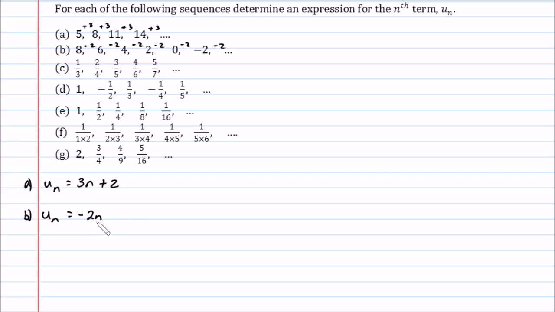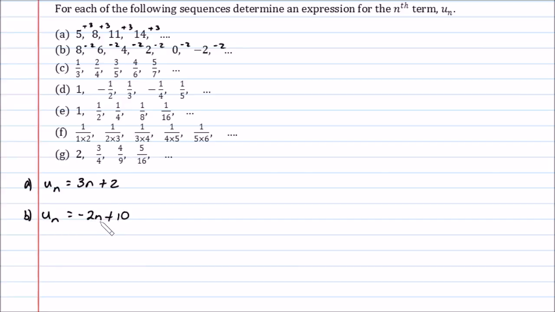Now when n is 1, I should get negative 2. But my first term is 8. So to move from negative 2 when n is 1 to 8, where it should be, I have to add 10. And then we just check, let's say the next two terms, to make sure that this expression holds.